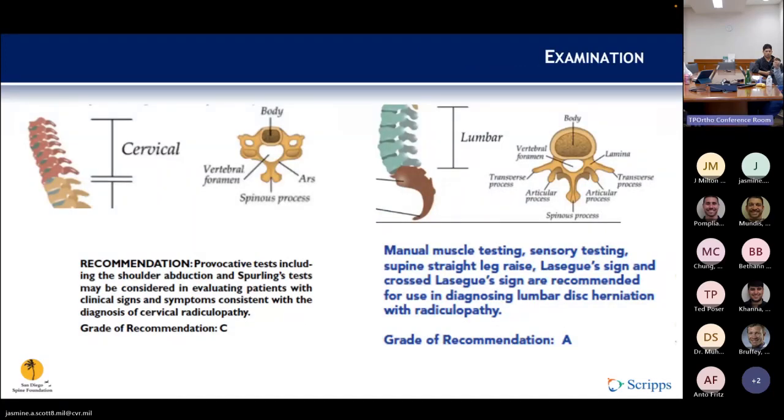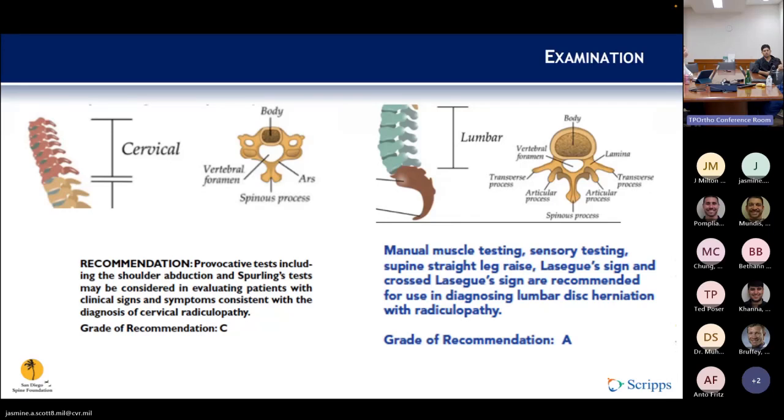All right, so for physical exam, which is where we normally start in our clinic visits, for the cervical spine, they talked about how provocative tests, including the shoulder abduction and Sperling's test, help identify: is it a cervical radiculopathy, or is there intrinsic shoulder pathology.